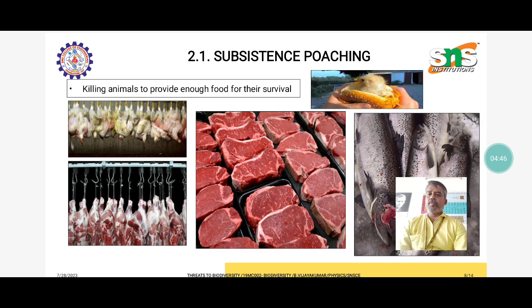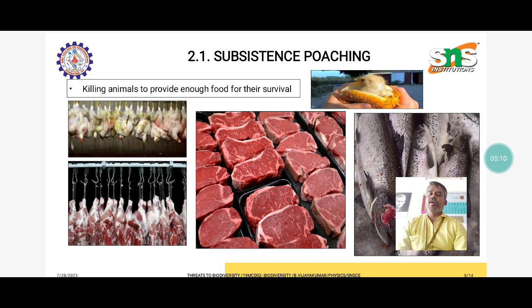Subsistence poaching is killing animals to provide enough food for survival. For our survival, many animals are killed, for example chickens, goats, fish, and most living organisms, for our food purpose.